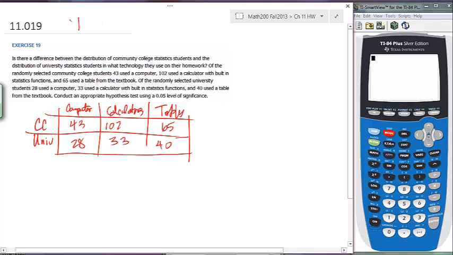So this is a test for homogeneity, which is testing to see how similar the distributions are. But this is, like I said, exactly the same as the test for independence.